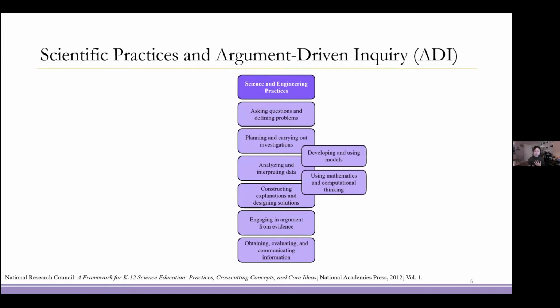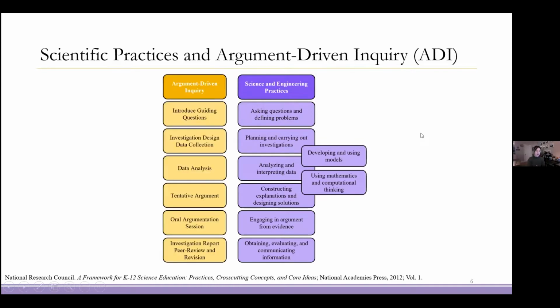These are very similar to what Ford described, such as asking questions, constructing explanations, and engaging in argument. I just want to point out that the way ADI is structured still aligns with the NGSS science and engineering practices. This is an important thing to note.